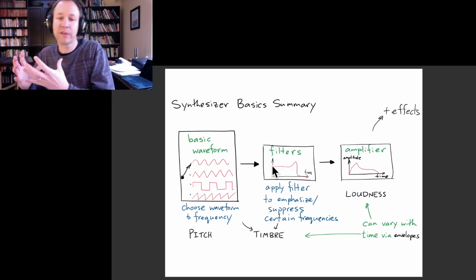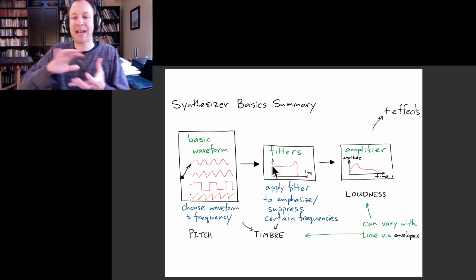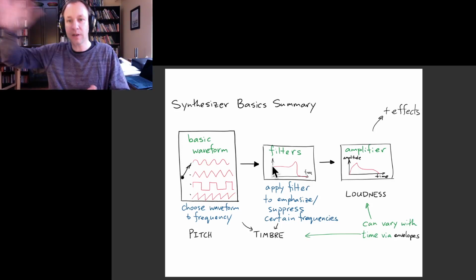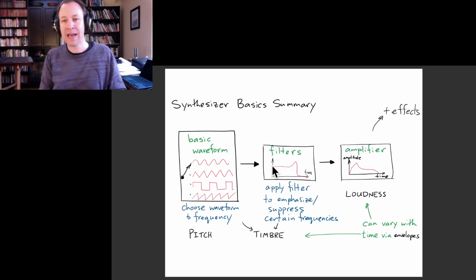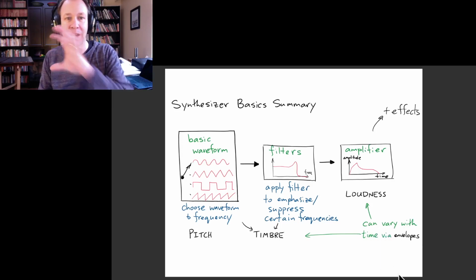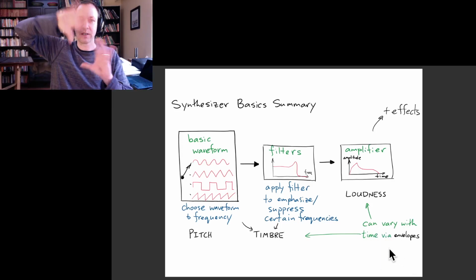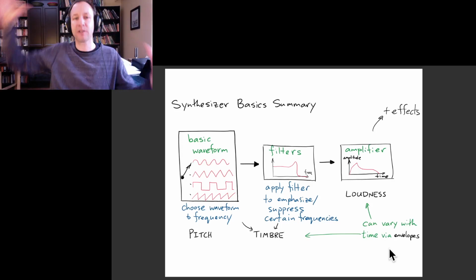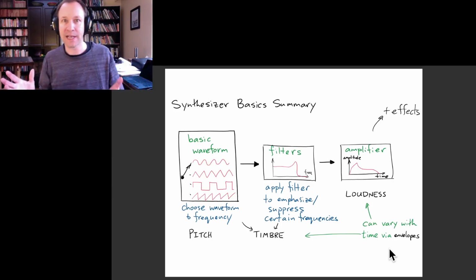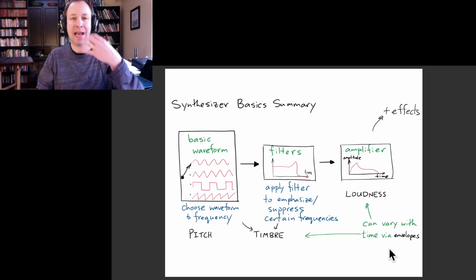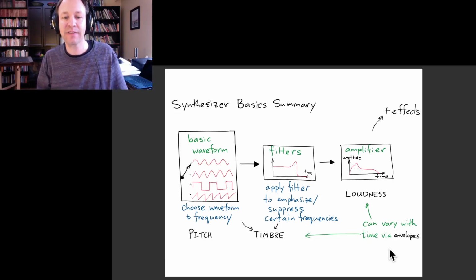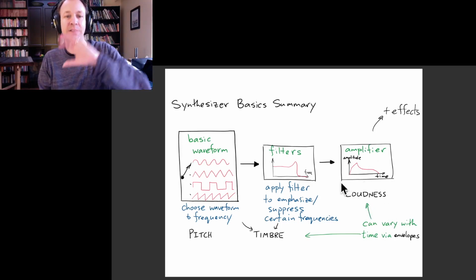But then we also want to specify how is our note going to turn on, how is it going to turn off, and that we do through an envelope. So we just specify the overall shape of our waveform in time. And this idea of an envelope also applies to other parameters.